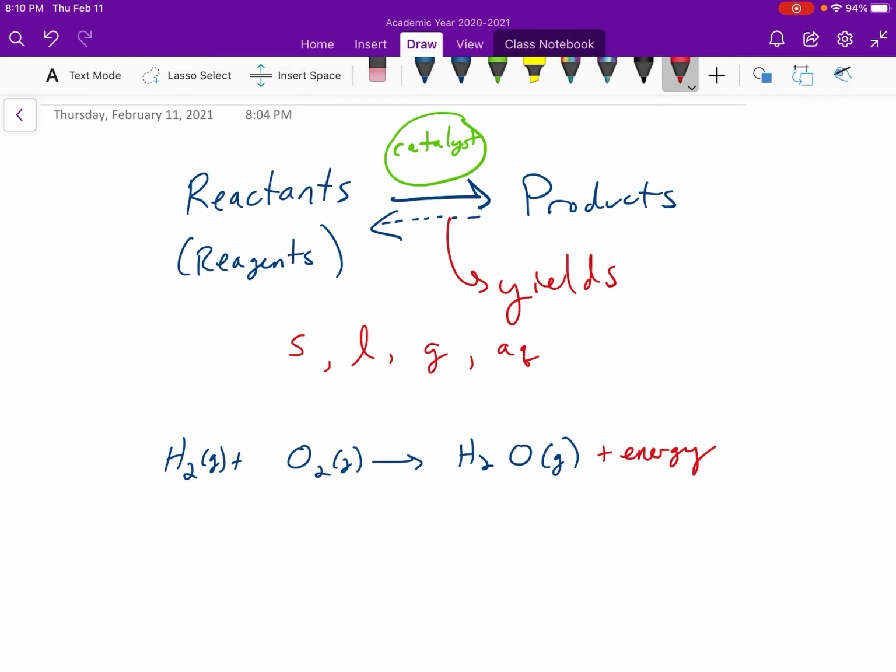Again, we're going to talk a lot more about this later on, but that just gives you an idea. So, for example, when the space shuttle runs, we take hydrogen gas, react it with oxygen gas, and produce water. And because water is so stable, all that energy has to go somewhere. It is usually harnessed as heat or mechanical energy, to, for example, run the space shuttle, okay?